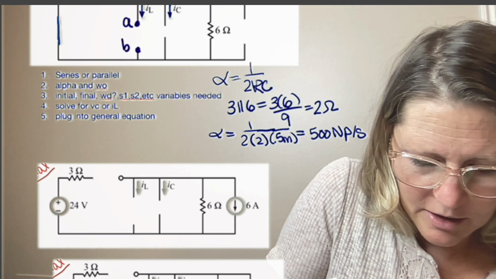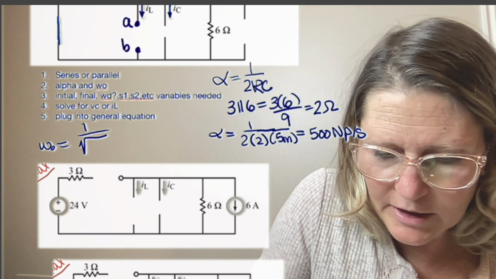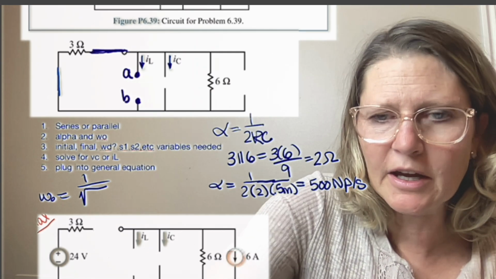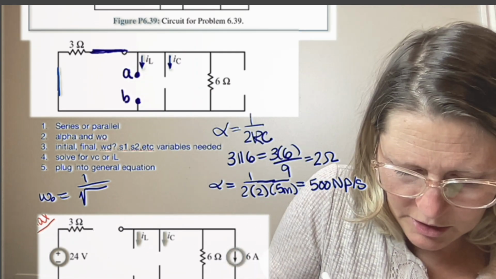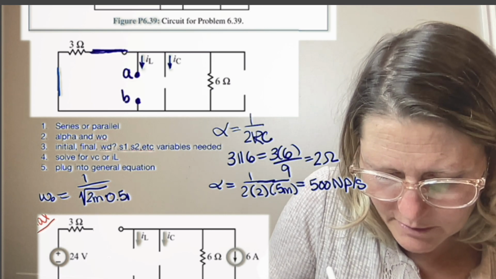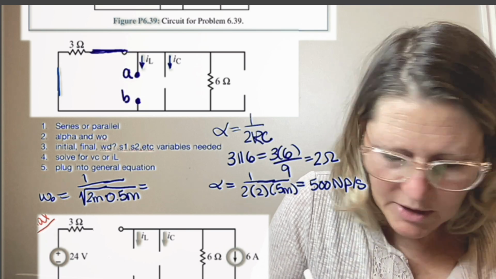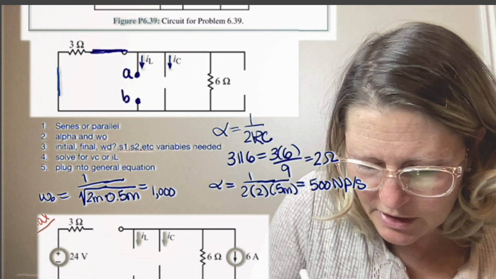Now, omega naught is going to be 1 over the square root of LC, and L was given as 2 millihenries, and C again is 0.5 milli. And so omega naught ends up being 1,000 radians per second.